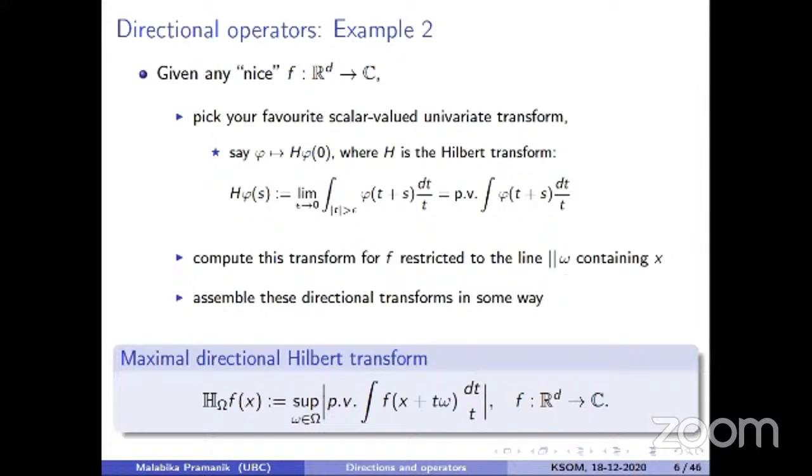For the Hilbert transform, this means considering the principal value integral of the function f of x plus t omega as a function of t. As before, we look at the largest value of these transforms over omega and call it H sub omega, the maximal directional Hilbert transform.